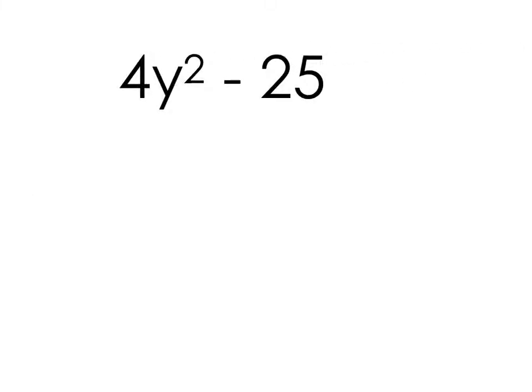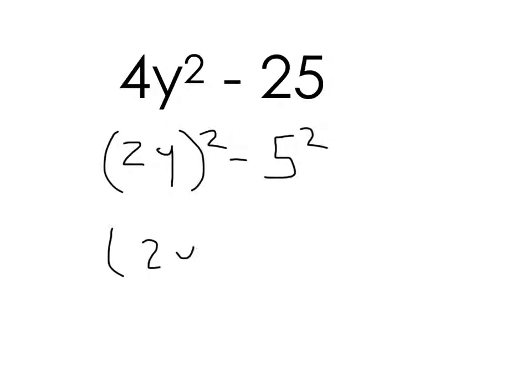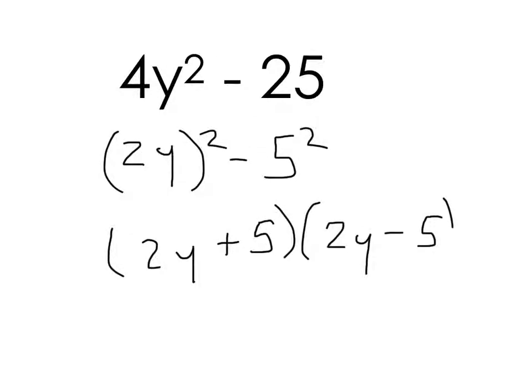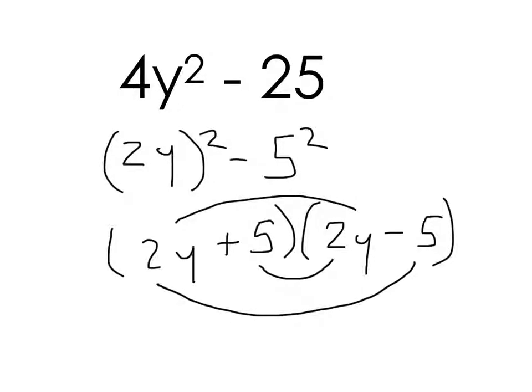This guy, 4y squared minus 25, is the quantity 2y squared minus 5 squared. So that's 2y plus 5 times 2y minus 5. Now keep in mind what's happening here: first you get 4y squared, outside minus 10y, inside plus 10y, last minus 25.